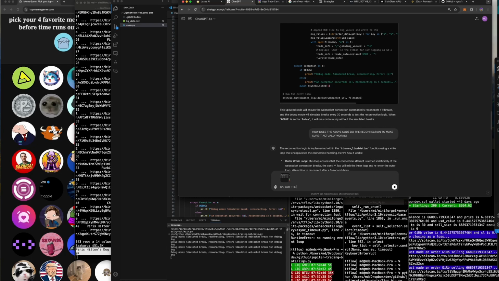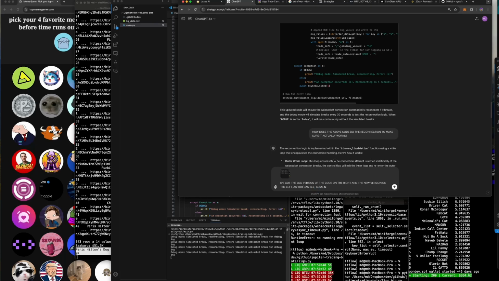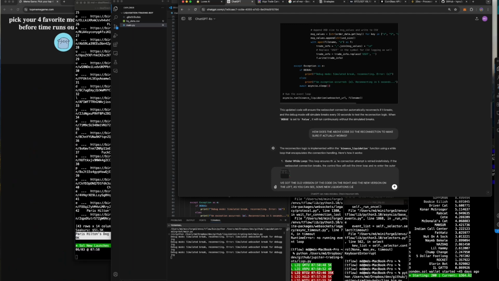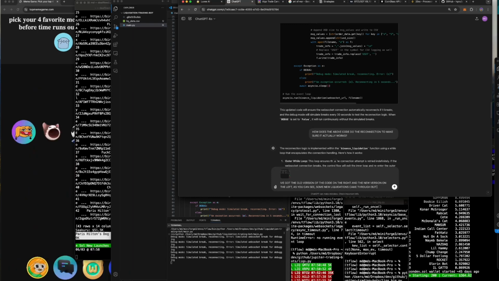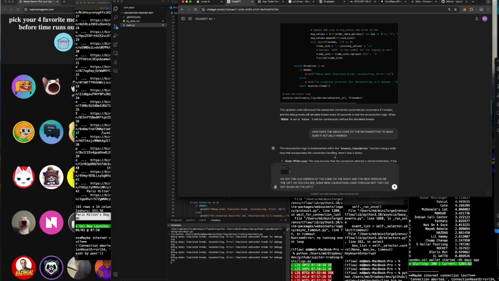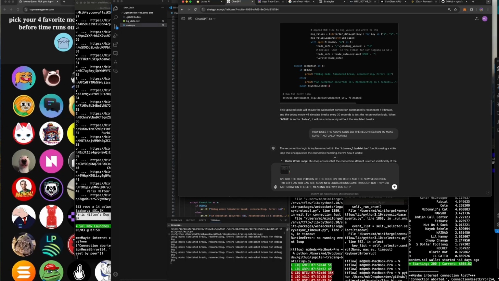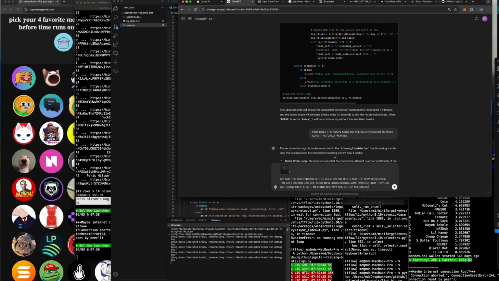I've got the old version of the code on the right and the new version on the left. As you can see, some new liquidations came through, but they did not show on the left, meaning the way you set up the break and reconnect didn't work.